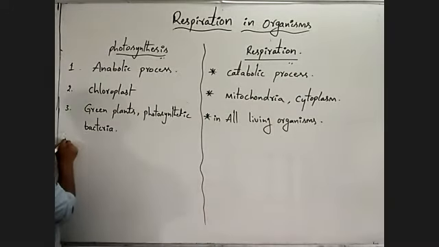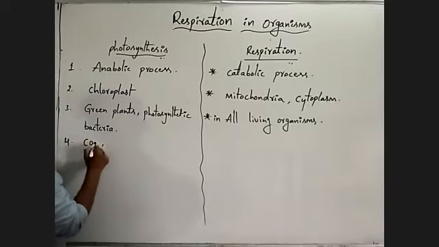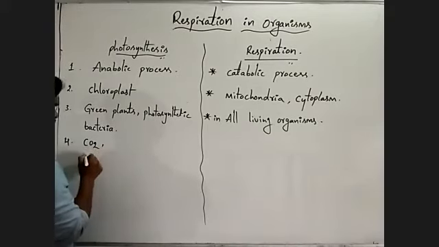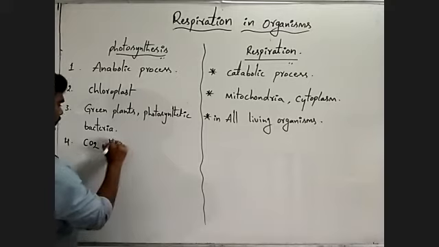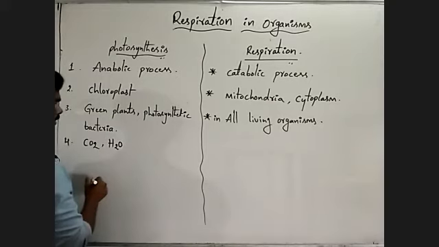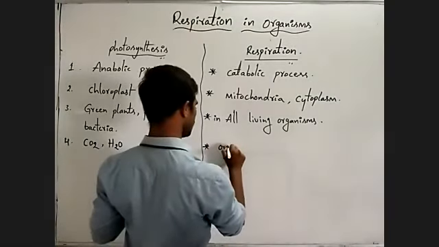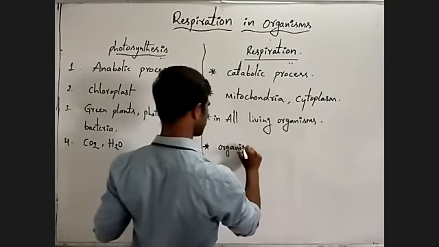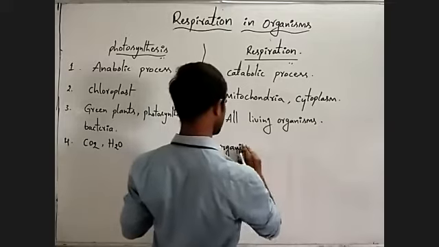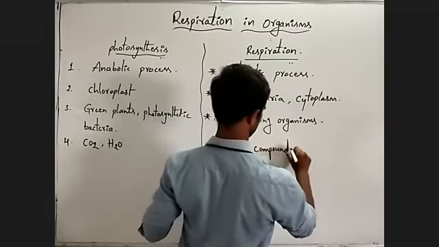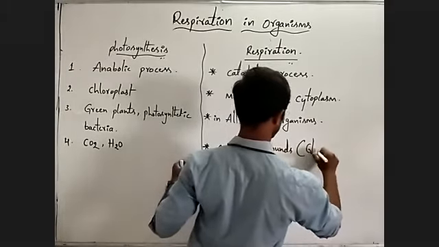The raw materials of photosynthesis are carbon dioxide, the important one, and water. Next, for respiration, the raw materials are organic substances, organic compounds like glucose.